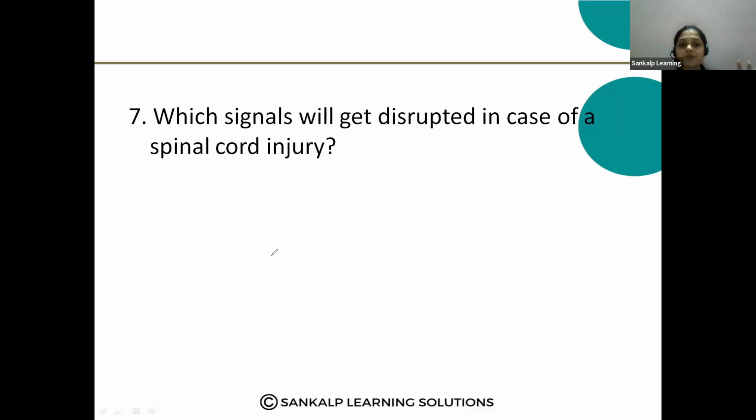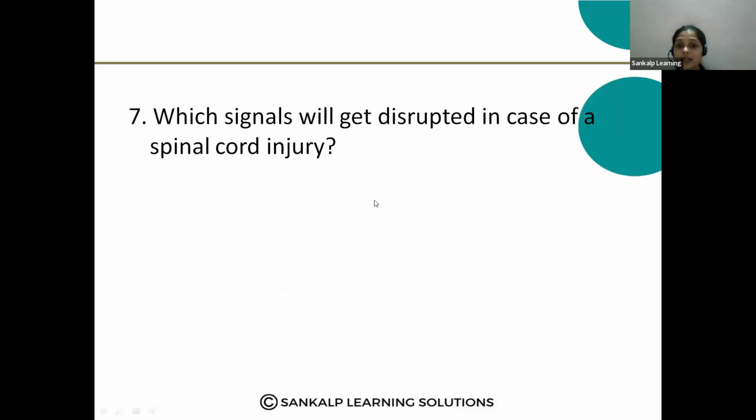The neurons carry the messages to which part? That is to the spinal cord. So they are called sensory neurons. Through the neurons, the message is transferred to the spinal cord, right? So I hope you know the answer.